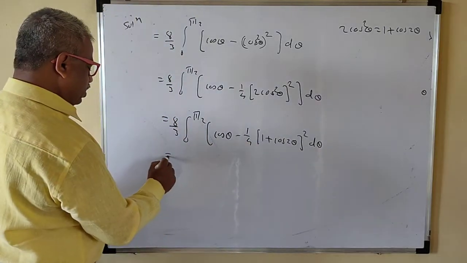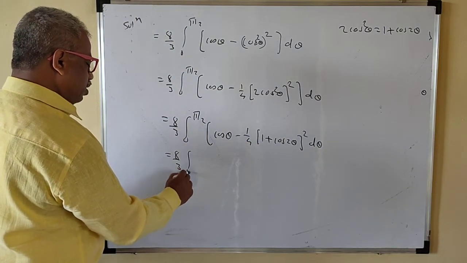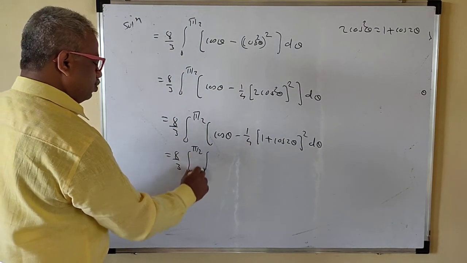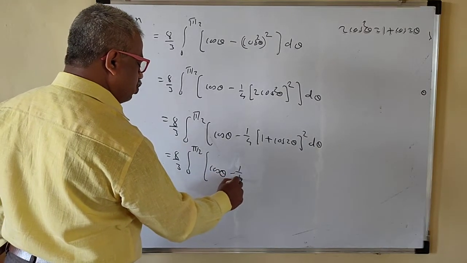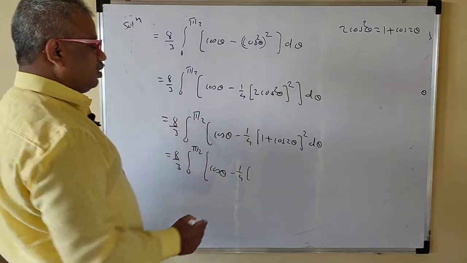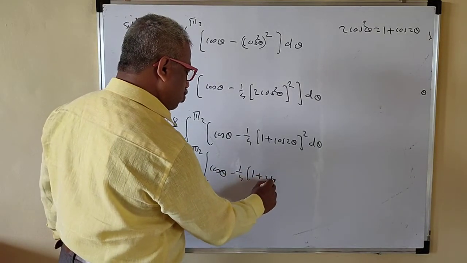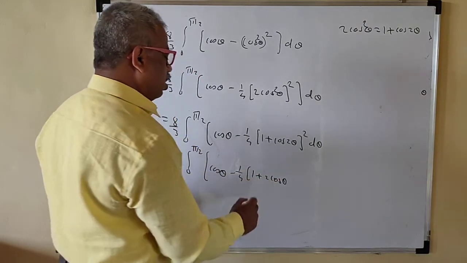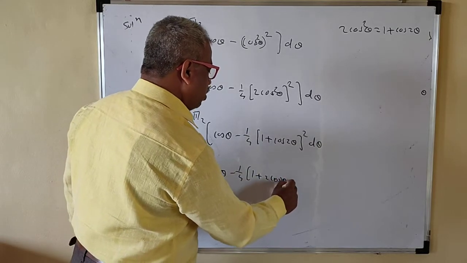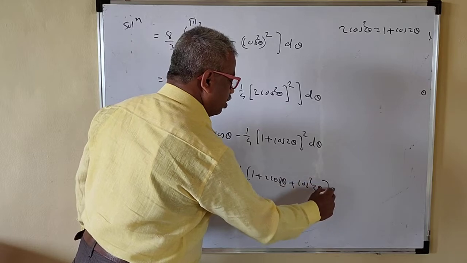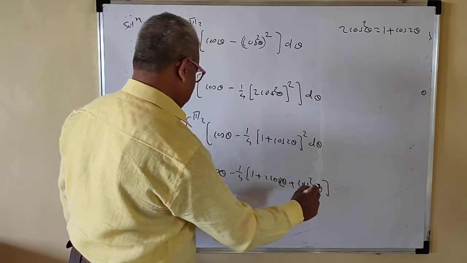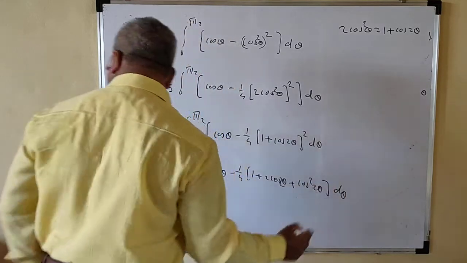Again we will simplify this. This is 8 by 3, 0 to pi by 2, cos theta minus 1 by 4. We'll expand this: 1 plus 2 cos 2 theta plus cos square 2 theta d theta.